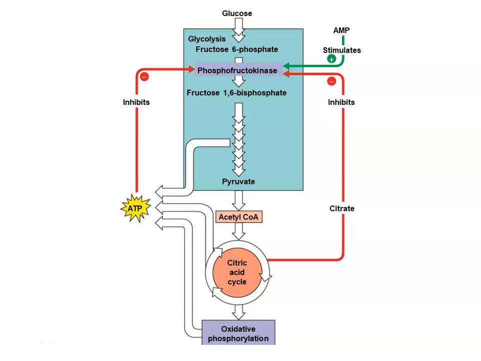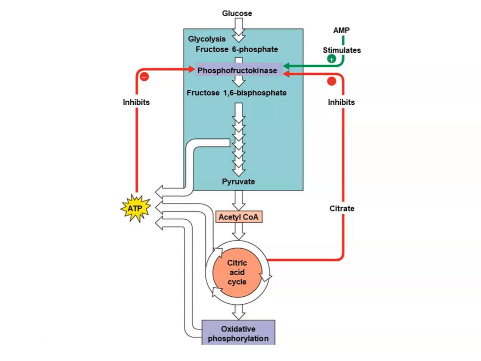So PFK, phosphofructokinase, is one of the key places that can impact whether respiration is increased or decreased. If there are large concentrations of ATP present, it will shut that enzyme down and inhibit it so that it won't continue along glycolysis or the rest of the processes. And the same thing would happen with citrate.